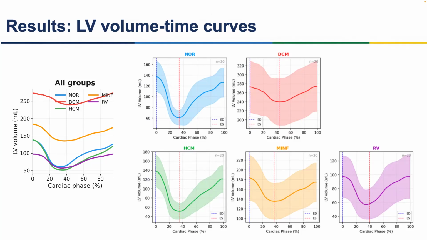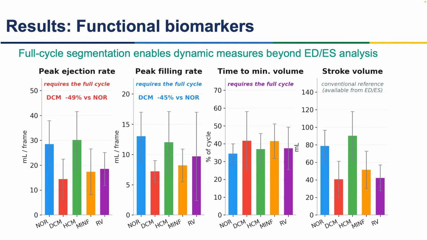For the same trajectories, we can derive the functional measurements that are unavailable from 2 frames alone. So here, from the volume time curves, we derive the peak ejection rate, peak filling rate, time to minimum volume, and stroke volume. PER and PFR describe the maximum frame-wise rates of ventricular emptying and filling, while TMV describes the normalized cardiac phase at which minimum LV volume occurs.